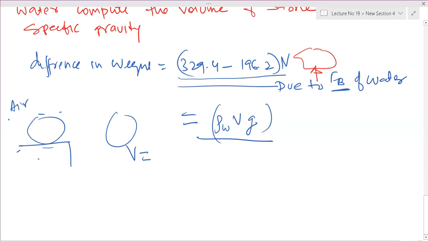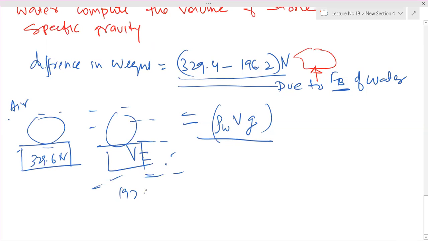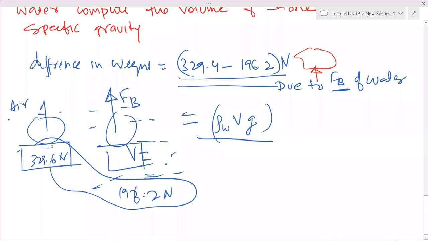This is your measuring device, and here you are seeing it is 392.4 Newton, and another measurement inside the water is 196.2 Newton. So buoyancy force acts in this water, right? So the difference of this weight is due to this buoyancy.